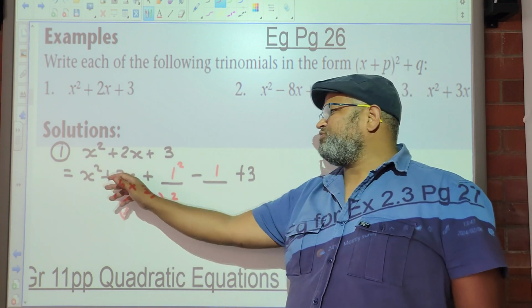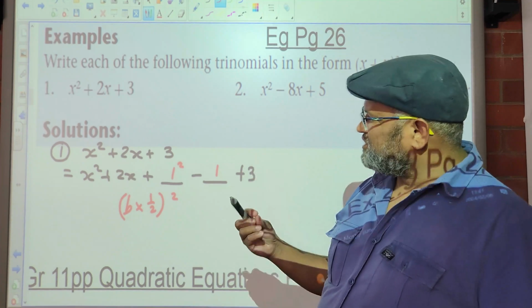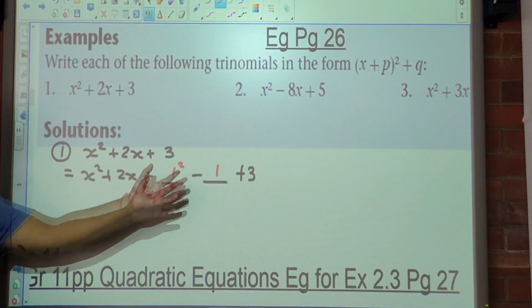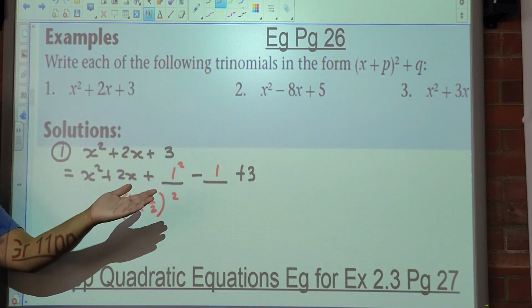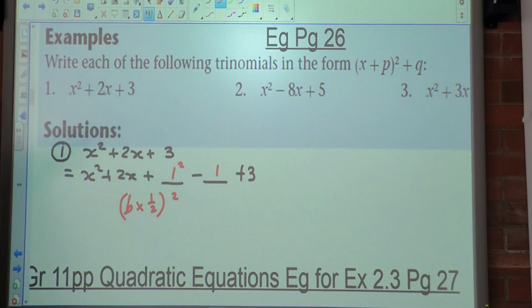Then I'm again left with x squared plus 2x plus 3. Do you guys understand? So again, if I add something to an expression, I must take it away again. Like an equation. If I add the number on one side, I must add it on the other side. But when we take a plus over, it becomes a minus. And that is exactly what we do. Do you guys understand?